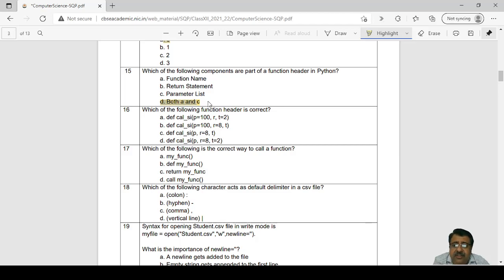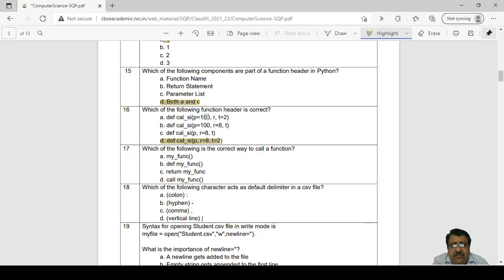Okay. Question number 16. Which of the following function headers is correct? Right. So D is correct. Now let me explain why.